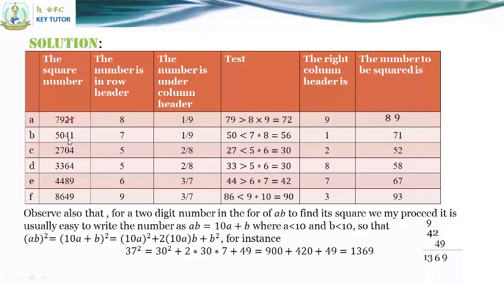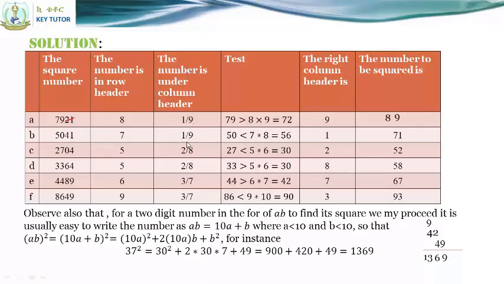5,041, when you delete 41, you get 50. This 50 is between 49 and 64, so 50 is obviously in the row of 7. And as this perfect square ends in the digit 1, it still belongs either to the column of 1 or to the column of 9.